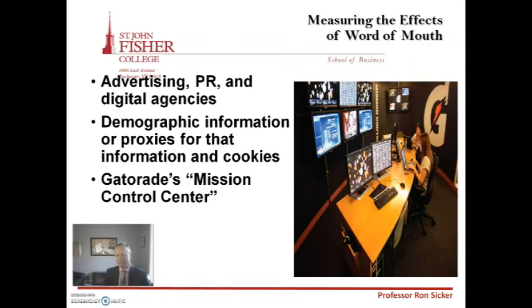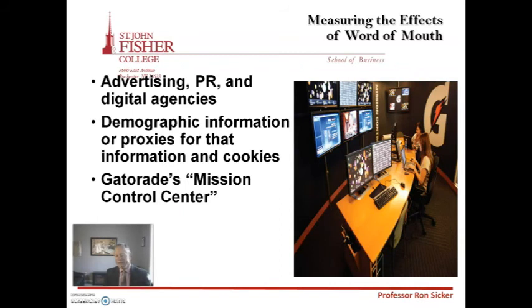Measuring the effect of word of mouth, really, it's hits on the website, it's advertising, it's sales, all those types of things can measure effects of word of mouth. Really, if you take a look at measuring word of mouth, it's not just sales, because sales will sometimes lag two or three months, maybe even four months, depending.